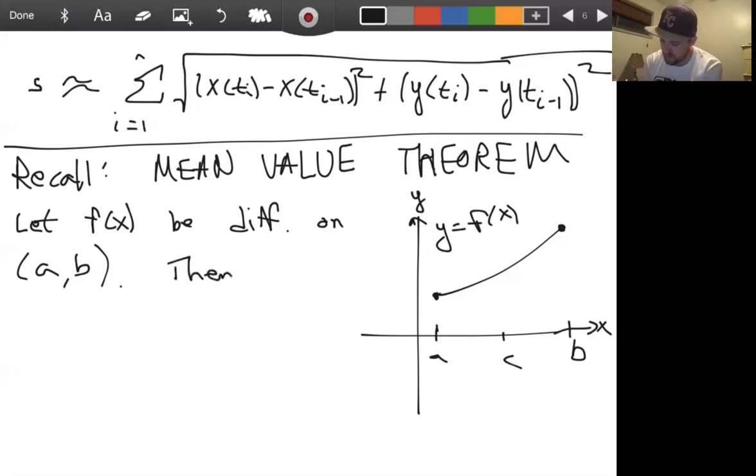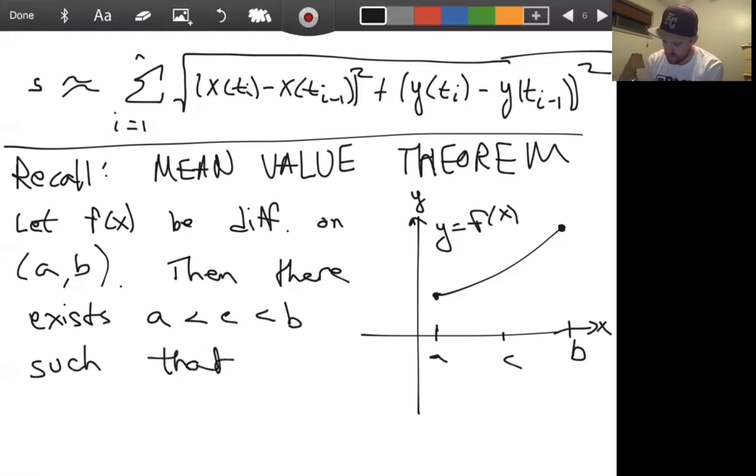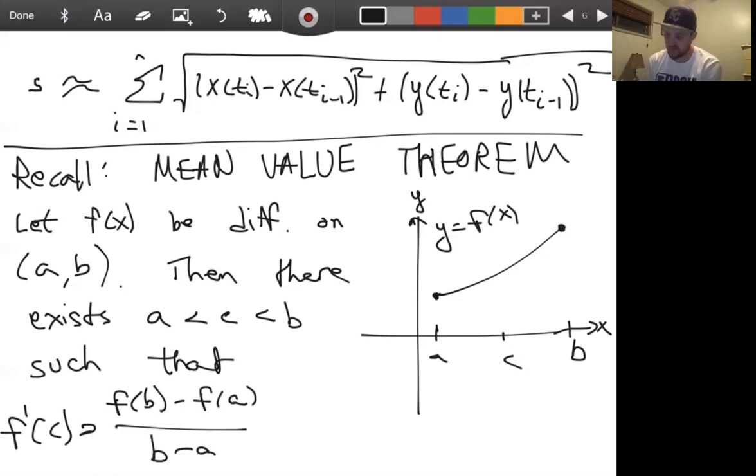Then there exists some value c between a and b that I indicated over here, such that f prime of c is equal to f of b minus f of a over b minus a.